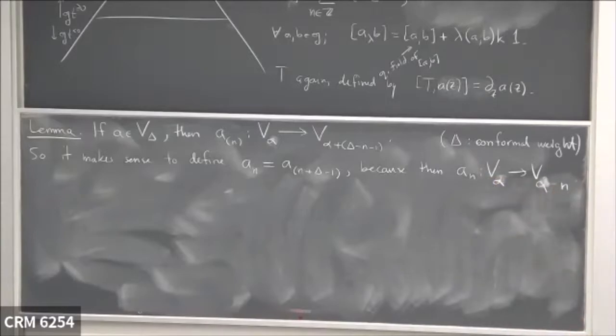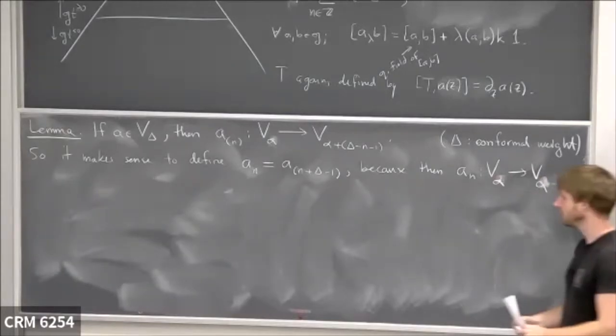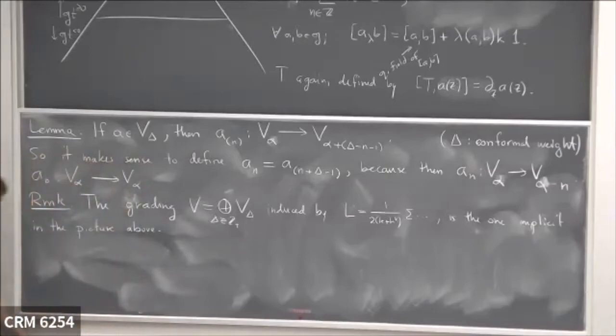In particular, one of these operators is grade preserving, this now A_0. A remark: in this picture of V^k(g) that I drew, there was a grading implicit. I've done it upside down, but you should think of it as grade 0, 1, 2, 3, 4, etc. That grading is the conformal grading induced by this choice of Virasoro vector.